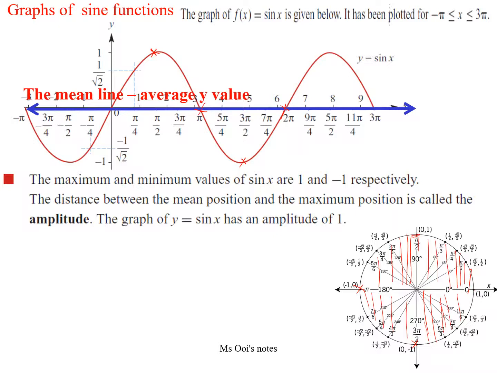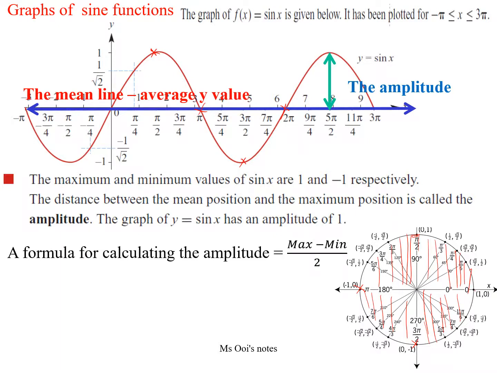So when you go one full cycle, it is what we call the one period here. The distance between the mean position and the maximum position is called the amplitude. So the graph of y = sin x has an amplitude of 1.